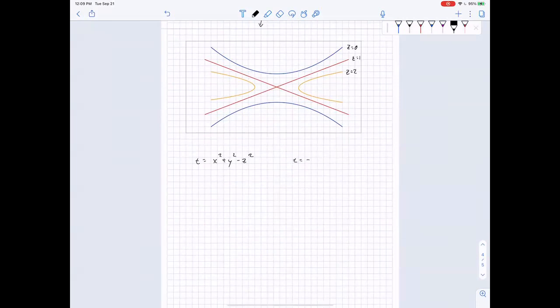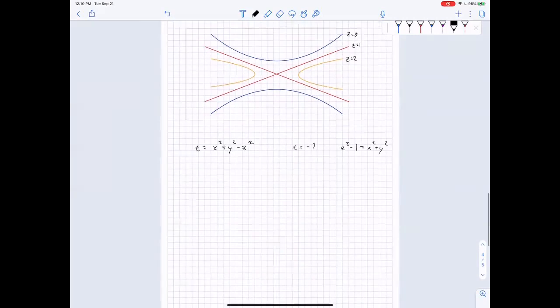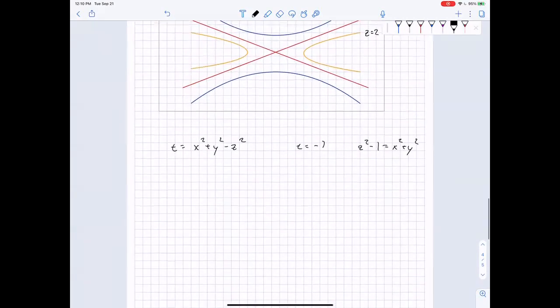At t equaling -1, what do you get? You'll get the following equation: z squared minus 1 equals x squared plus y squared. That describes a quadric that we all know. Does anyone know what this quadric is? This is a hyperboloid, but it's a 2-sheeted hyperboloid.